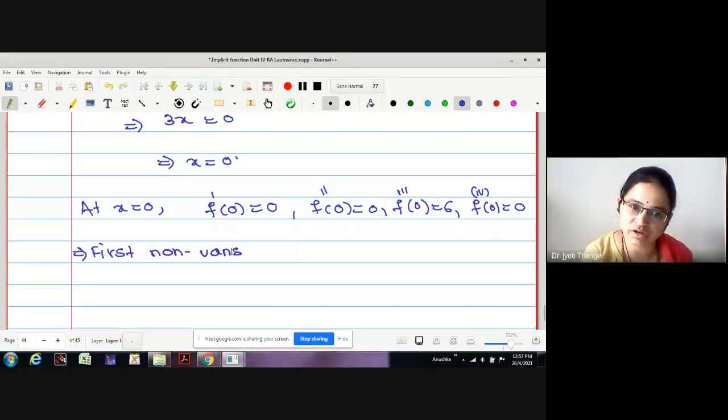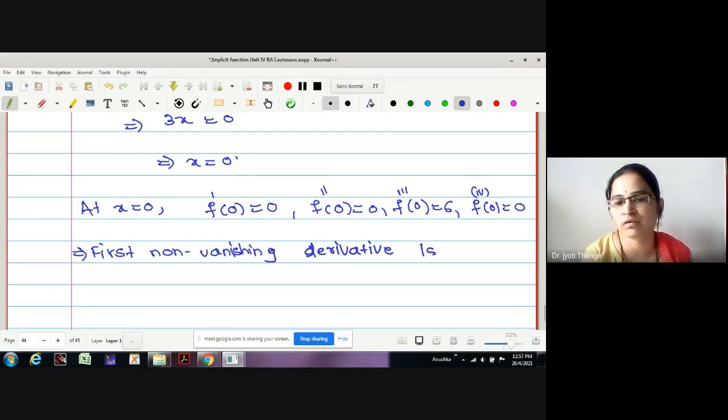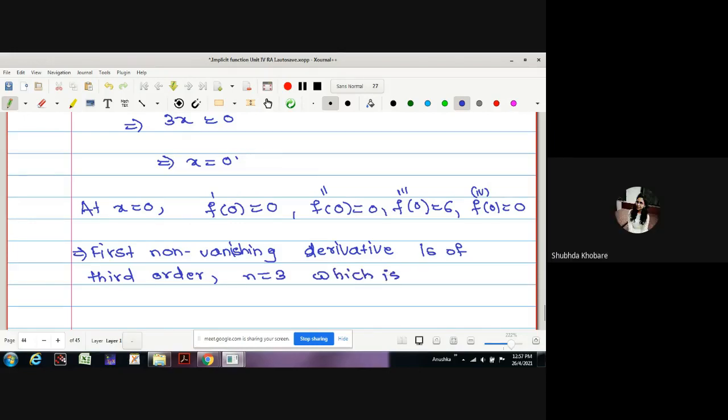The first non-vanishing derivative is of third order. Third order means n is equal to 3, which is odd. And what does the theorem say?